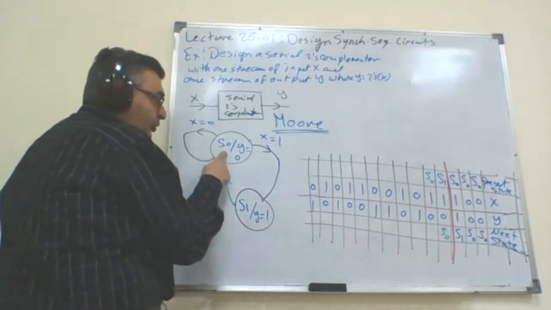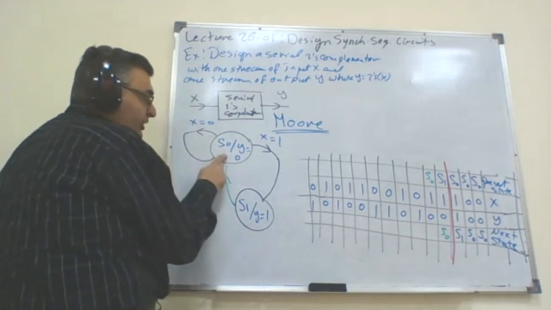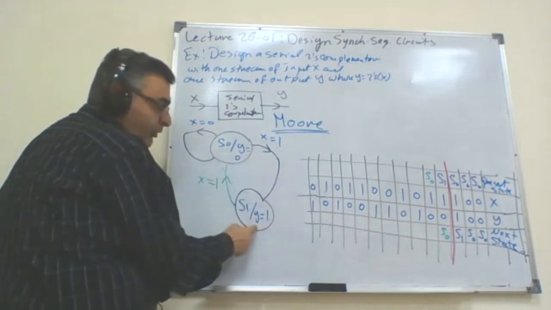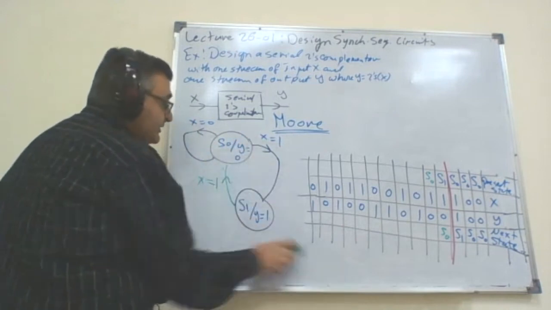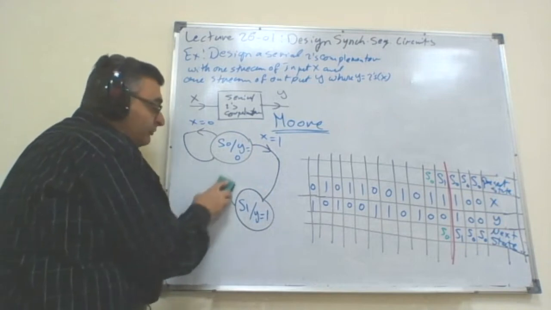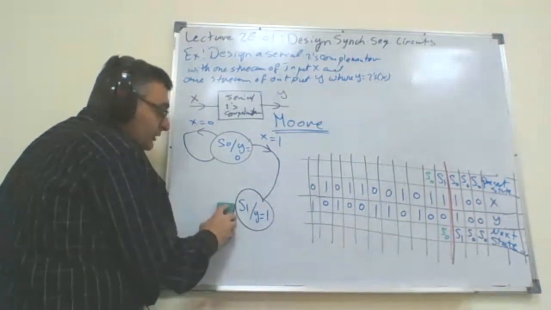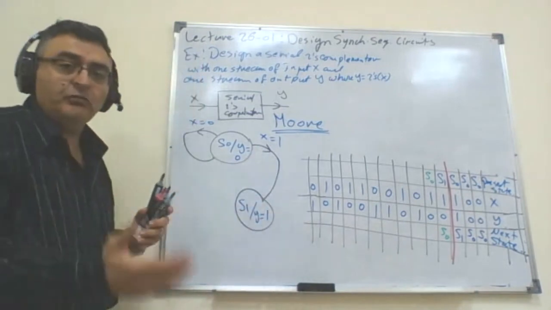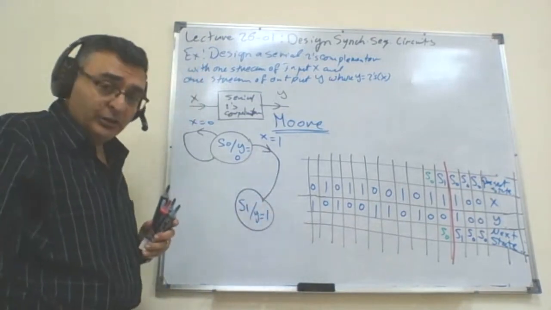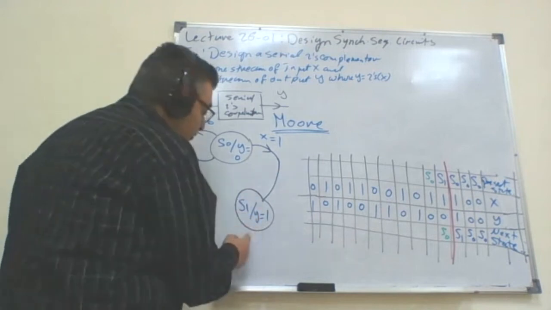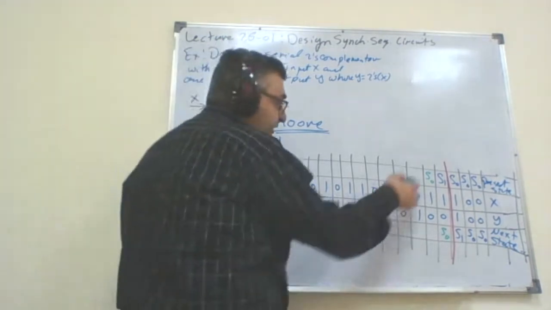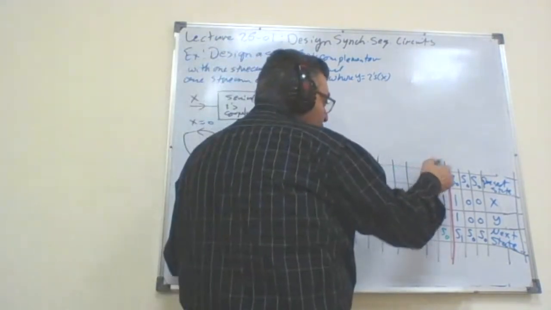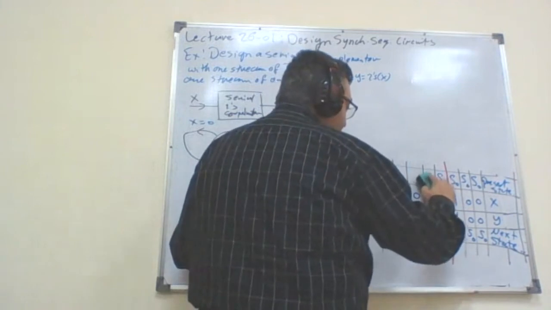In S0, when X is 0, Y is 0. When X is 1, Y is 1. So S0 will not help me, because afterward I want to start flipping the value of Y based on X. Accordingly, neither the assumption to stay in S1 is valid, nor the assumption to go back to S0 is valid.